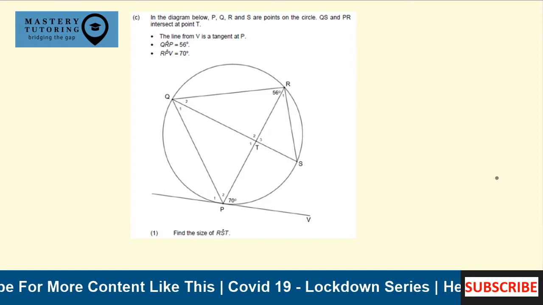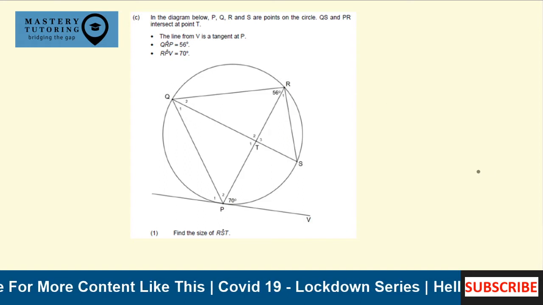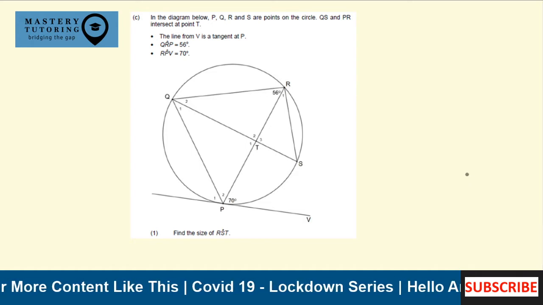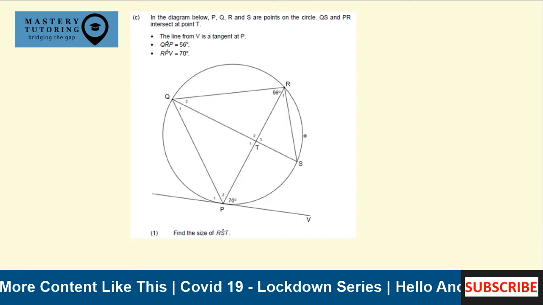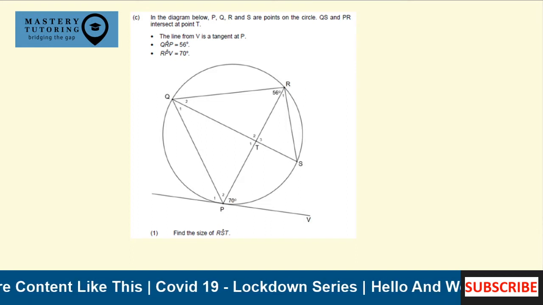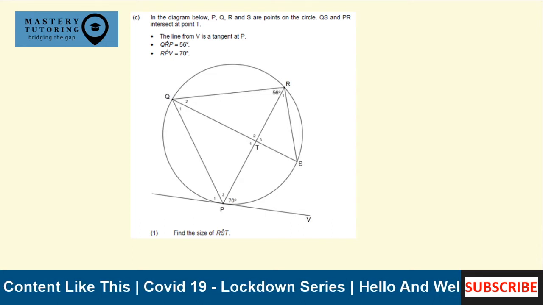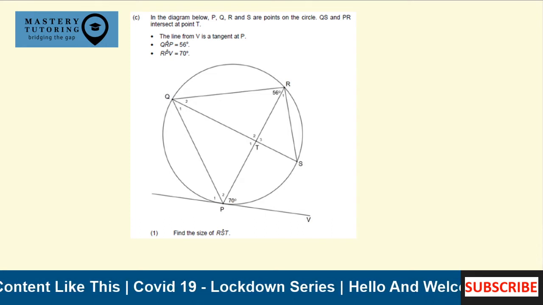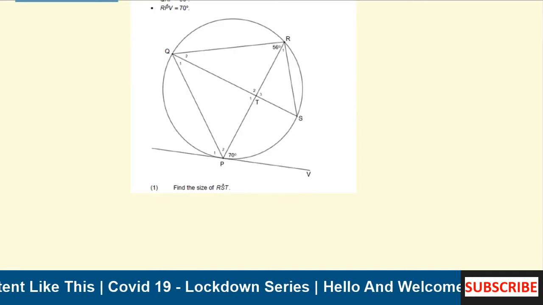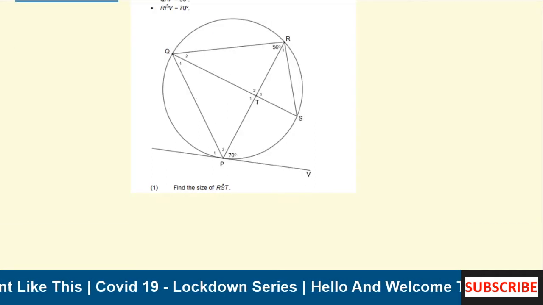We don't have to construct any lines or add any additional information, but if you feel you want to add something that will help you solve the question, go ahead. I feel we don't have to add anything except our solution. So now we're going to jump into the solution.